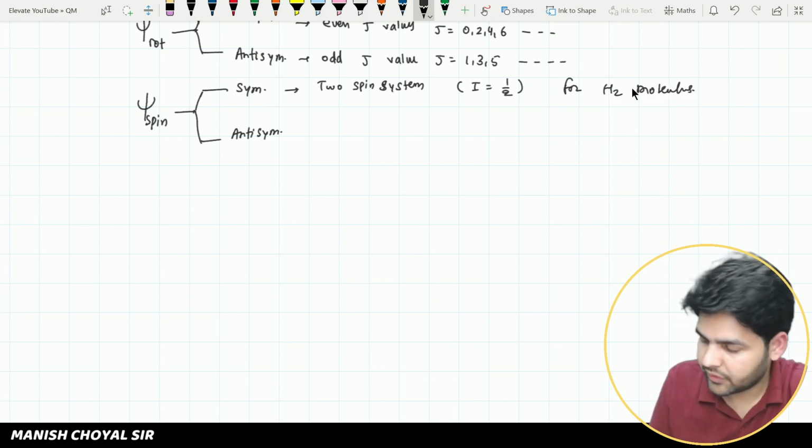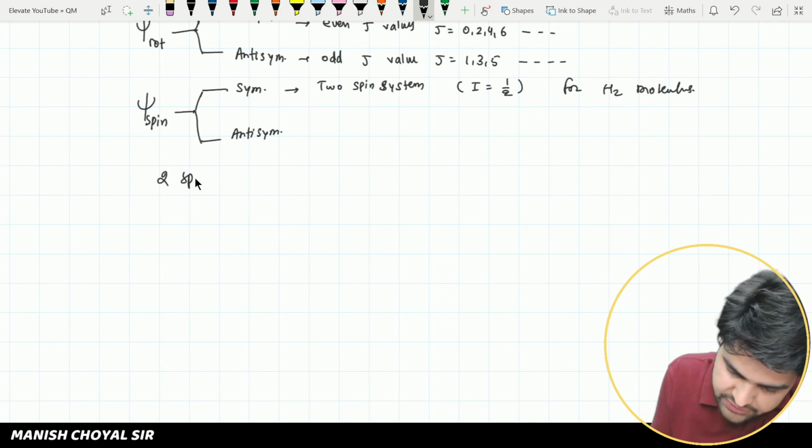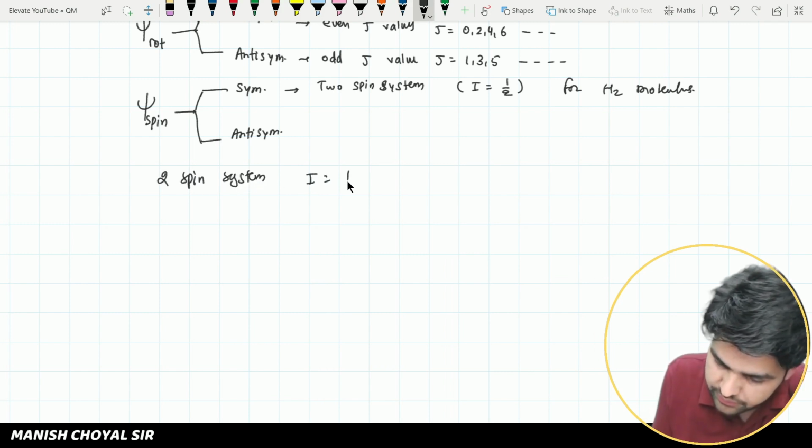Okay, so a two spin system with I equals 1 by 2.